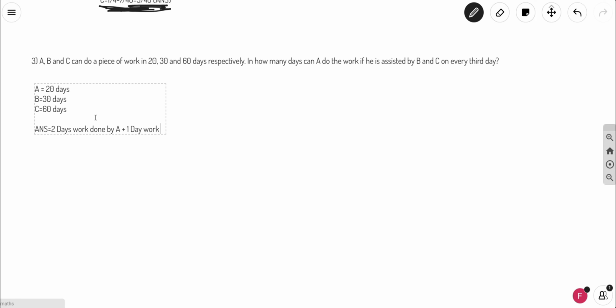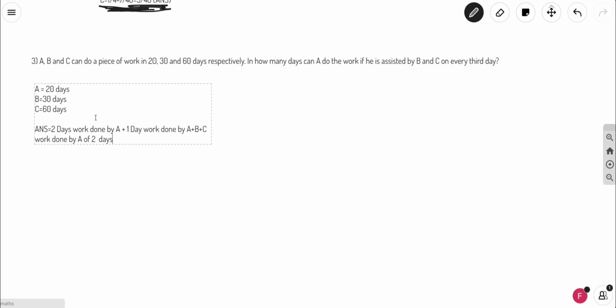What the problem says is, A works alone for 2 days, and for 1 day he works with the help of B and C. So we have to find the work done by A in 2 days plus the work done by A plus B plus C in 1 day.